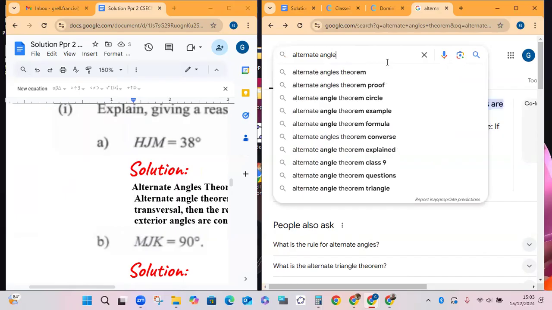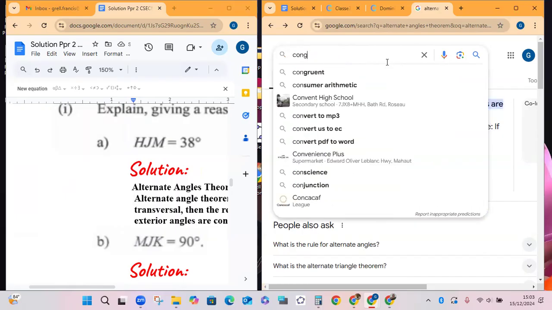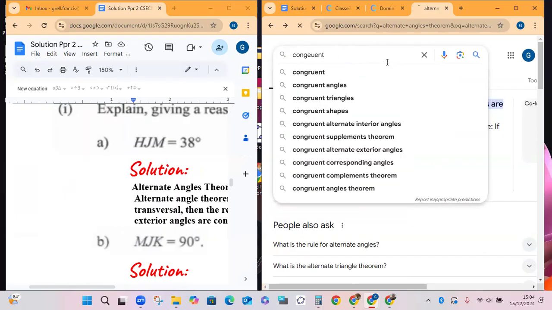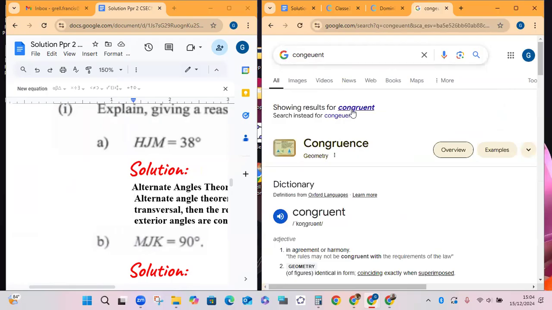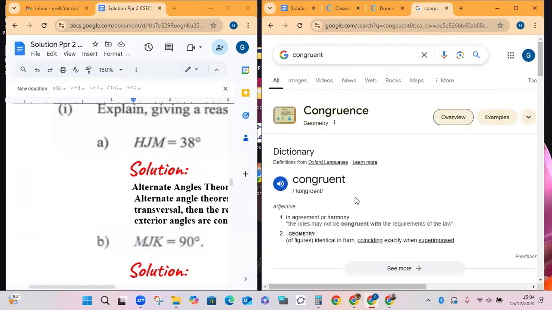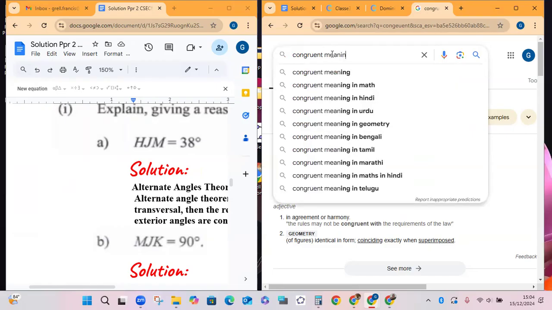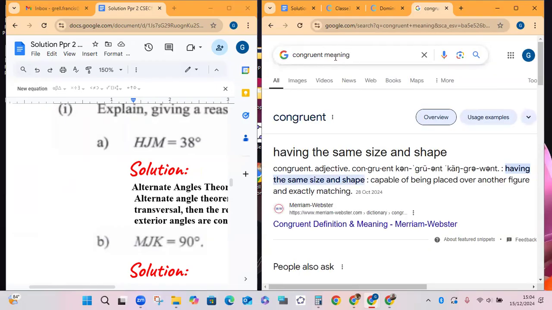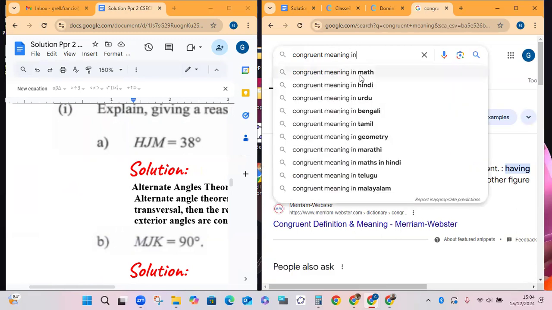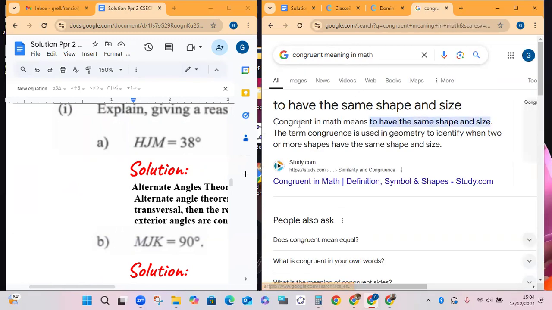Let's look for the meaning of congruent. You can familiarize yourself with this word. In agreement or harmony, the rules may not be congruent. Right? The meaning of congruent, they are in harmony, they are equal to each other. Congruent in math means to have the same shape and size.